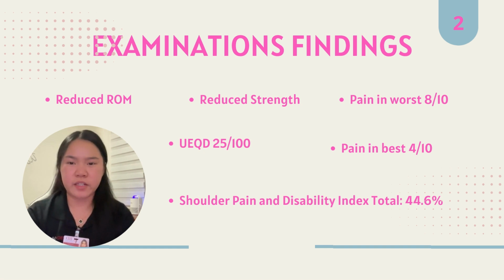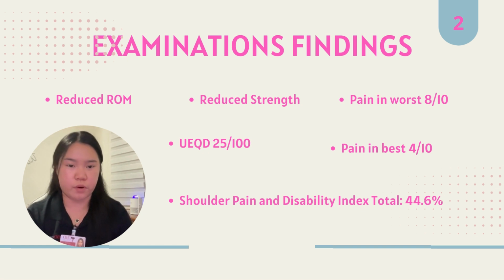The normal range for each motion is 150 degrees. The physical therapist also assessed manual muscle testing, and the result for shoulder flexion is 4 minus, which is a little bit weak, and for abduction it's 3 plus, which is weaker.